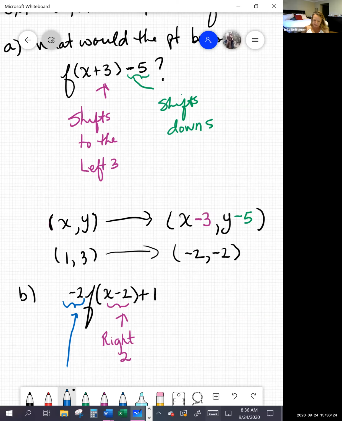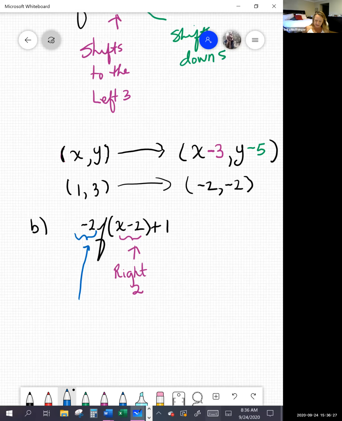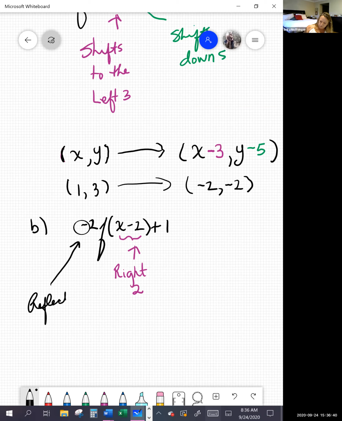So because of the minus sign, it's going to be reflected across the x-axis, so that is affecting the y value of your point. You're flipping over, changing your y value. And this 2 is also being multiplied by your y value. So this is making it decrease or increase at a faster rate, the steepness.